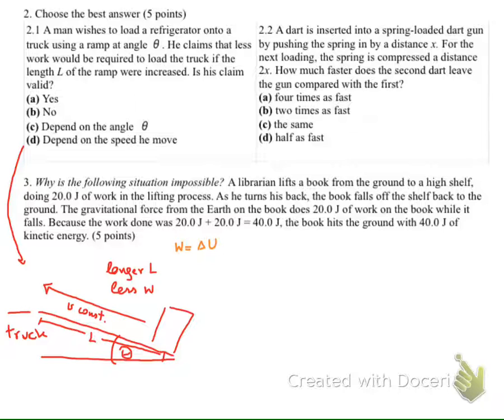The work that the worker needs to do is to increase the potential energy, which is equal to mgh. You can see that the work depends only on h, apart from m and g.